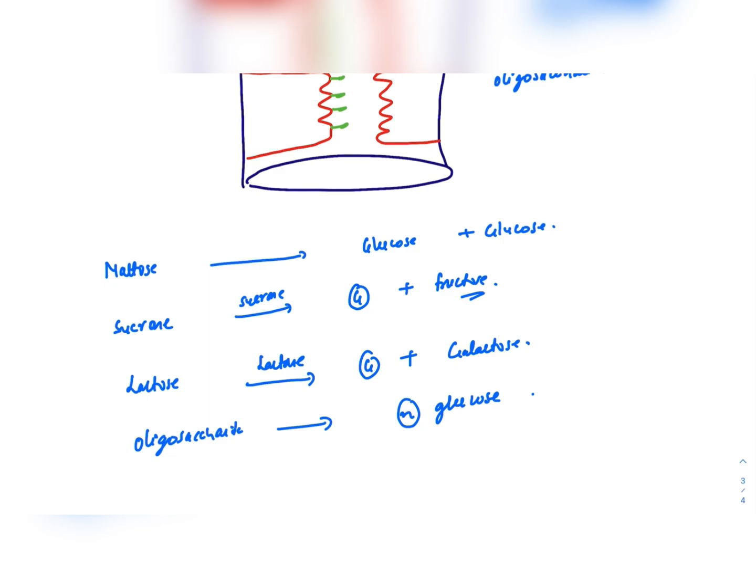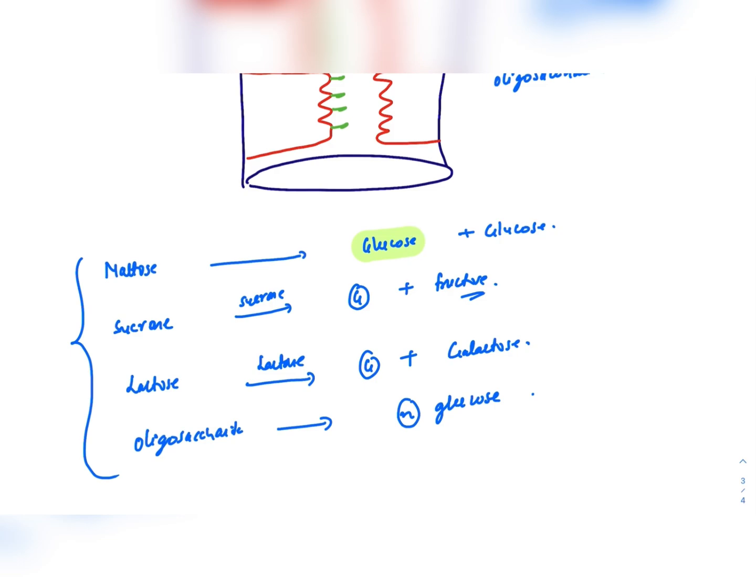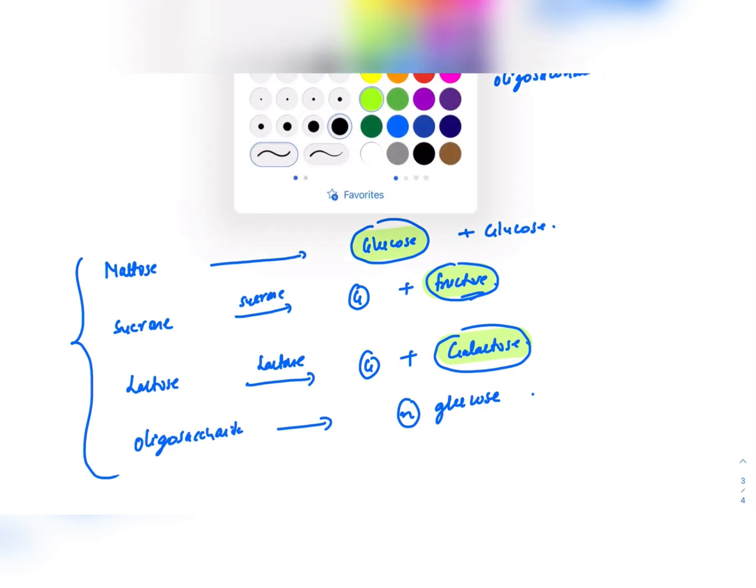Similarly, all the products of digestion will be converted into simpler monosaccharides, which could be glucose, fructose, or galactose. These are the major products of digestion.